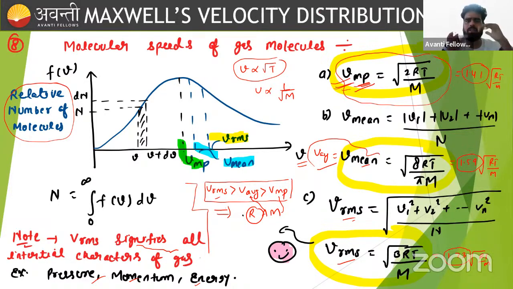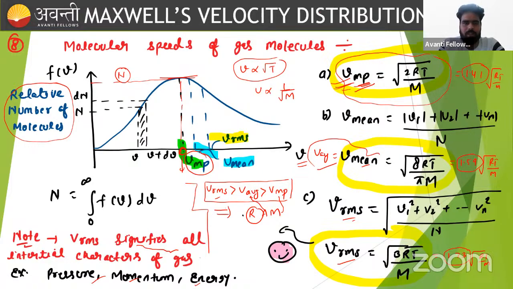Okay, beta, so this is the basic meaning of the Maxwell distribution curve. This is the peak of the curve, which shows that this particular velocity has the greater number of molecules, and this velocity is the most probable. I hope this is clear.